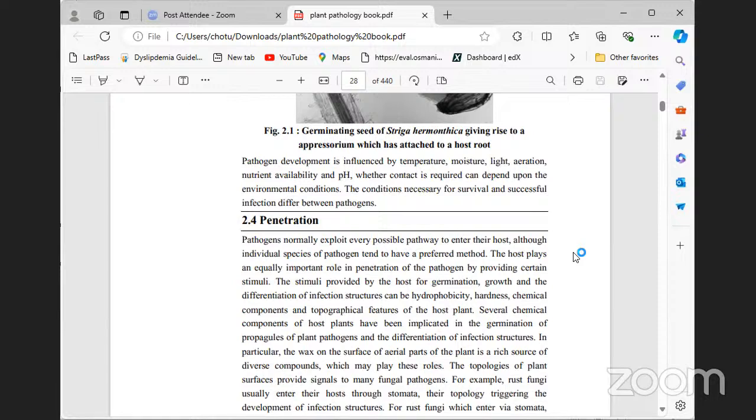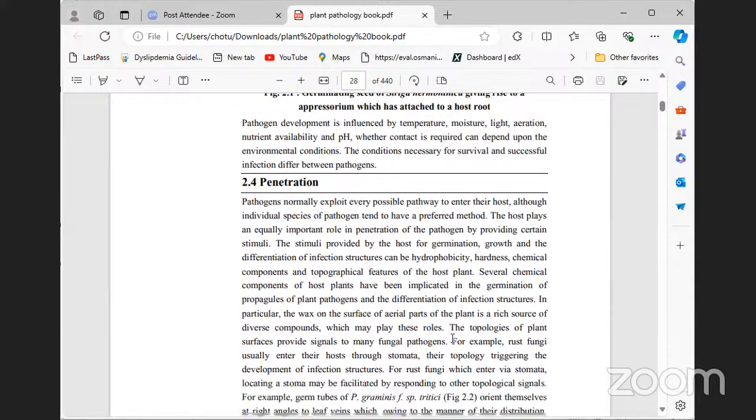Several chemical components of the host plant have been implicated in the germination of propagules of plant pathogens and the differentiation of infection structures.